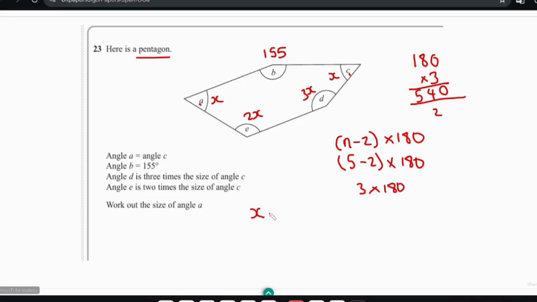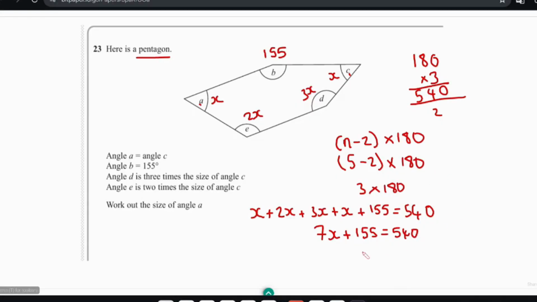So we know that x, add 2x, add 3x, add another x, add 155, equals 540. So 2, 3, 4, 5, 6, 7x. Add 155, equals 540.